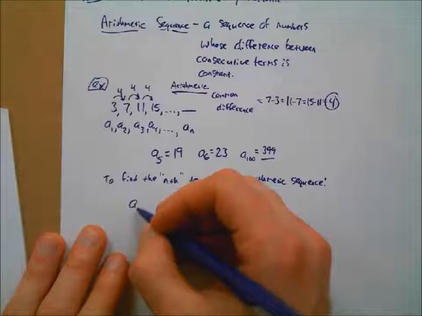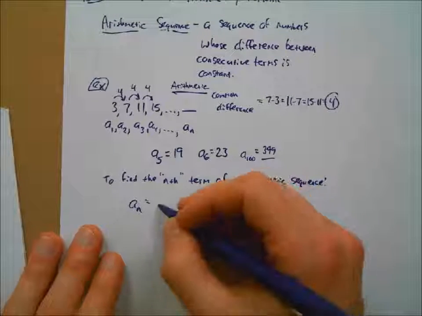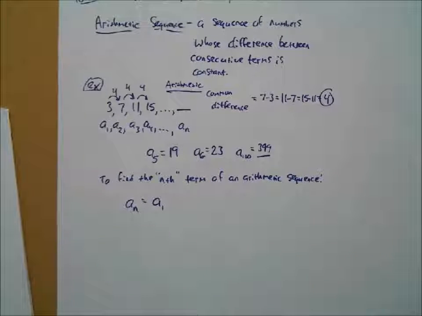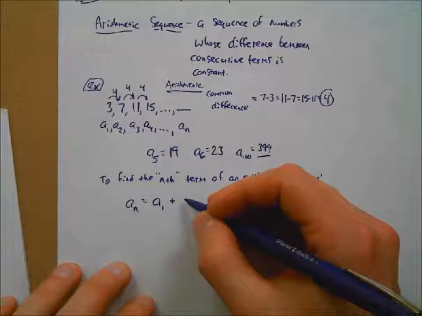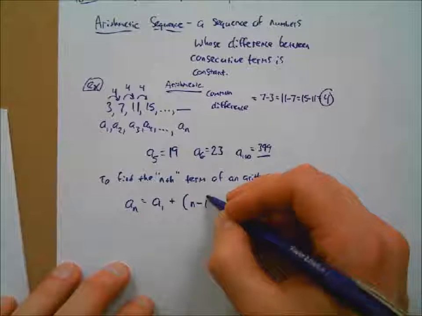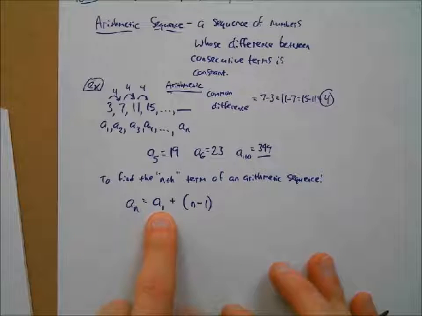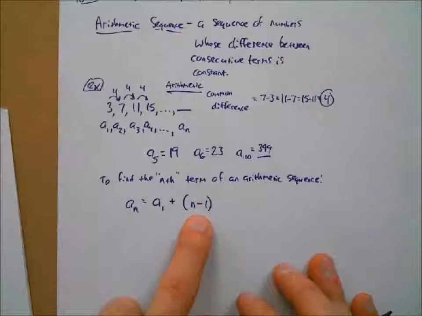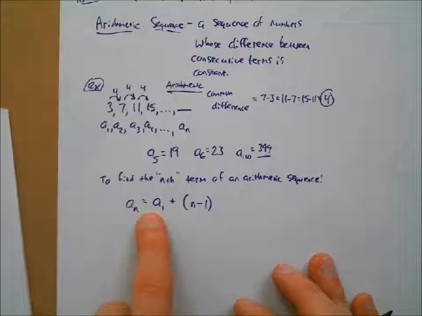So we'll say the formula is going to be this. The nth term is equal to our first term, and then we'll add to it the number of the term we want minus 1. Why? Because we're starting at A sub 1, so we don't want to just do n. We're going to do n minus 1, because we're going from 1 to n, so the difference between those two is n minus 1.